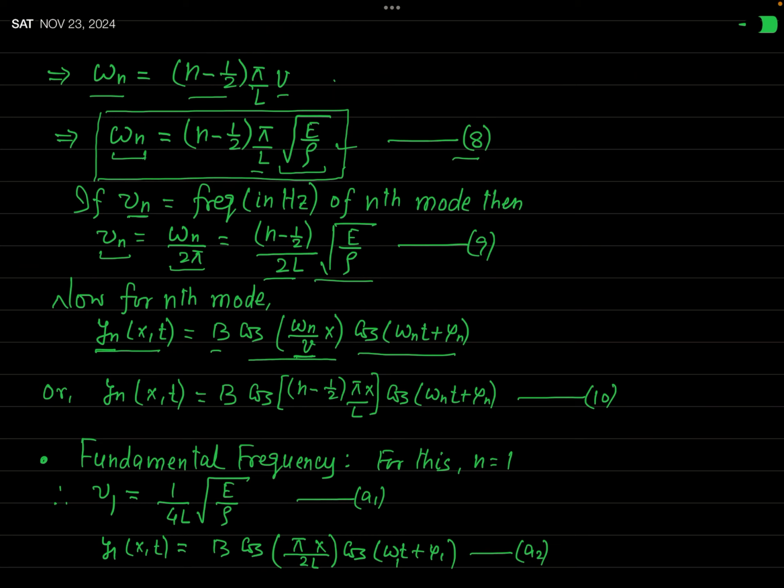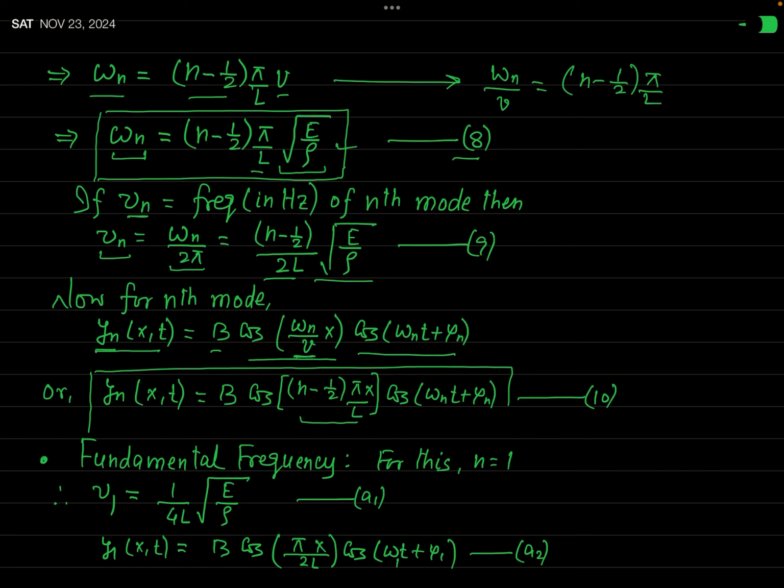But you can see from here that omega n over v is equal to (n minus 1/2) times pi over L. So instead of omega n over v, I have written (n minus 1/2) times pi by L. This is the expression for y n of x,t, by the use of which we will get the shapes of the different mode vibrations.